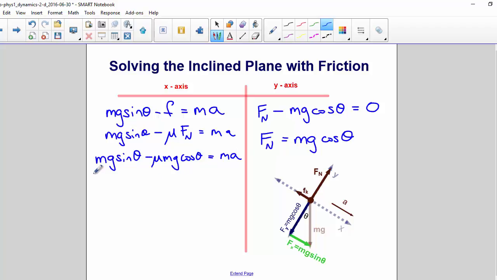Now we'll divide both sides by m. And so now our a is equal to g sine theta minus mu g cosine theta. And we can also factor out the g if we'd like.